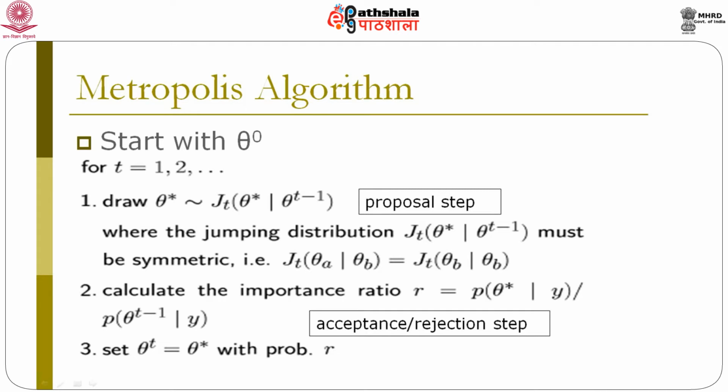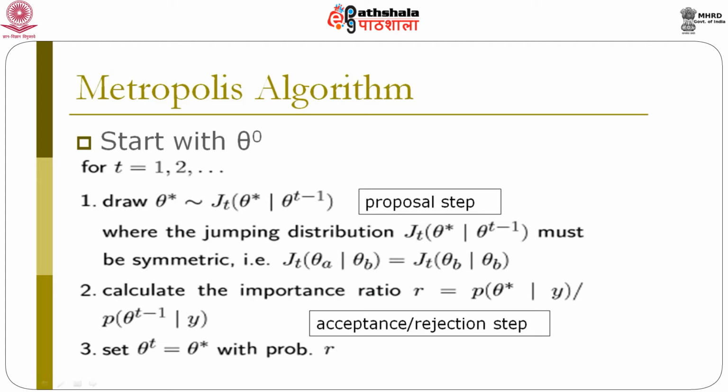Now, Metropolis long back, without knowing the Bayesian concept, developed the algorithm, which is very useful, and in fact the modern algorithm is based on the Metropolis algorithm. He said that you start with theta naught, an initial value, then at the tth step draw theta star from the jumping distribution. From theta t minus 1, you are going to the tth step taking some value theta star.